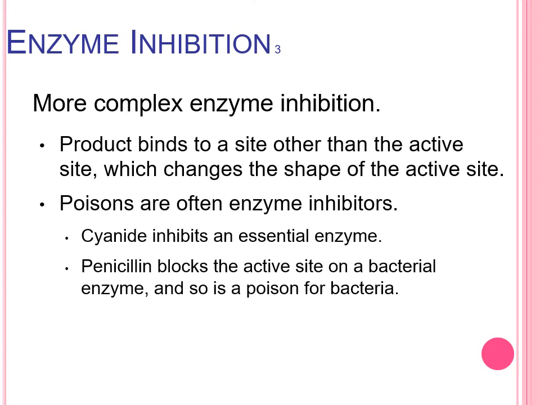Cyanide inhibits enzymes in a pathway that allows red blood cells to bind to oxygen. Penicillin blocks the active site of bacterial enzymes, so it's a poison to bacteria that promotes cell death, which in the case of bacterial infections would be a positive. And so there can be a complexity of enzyme inhibition, which can be negative or positive for the individual.